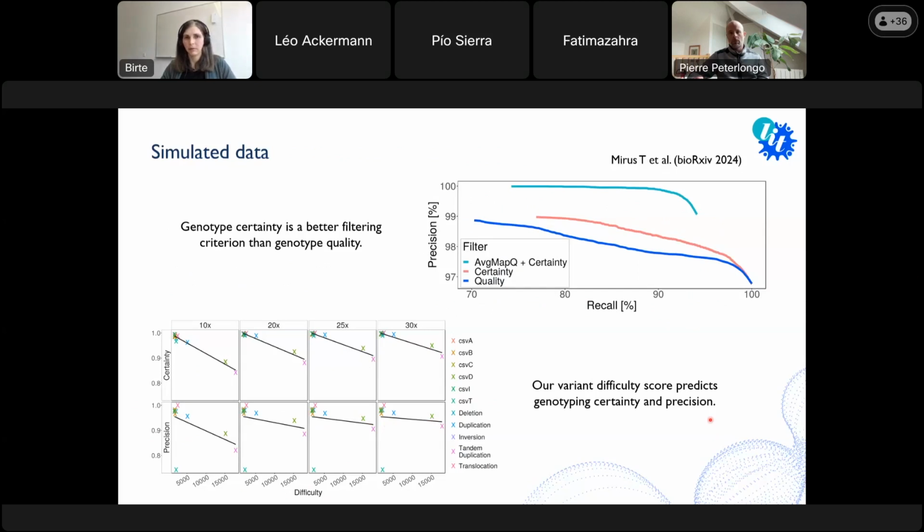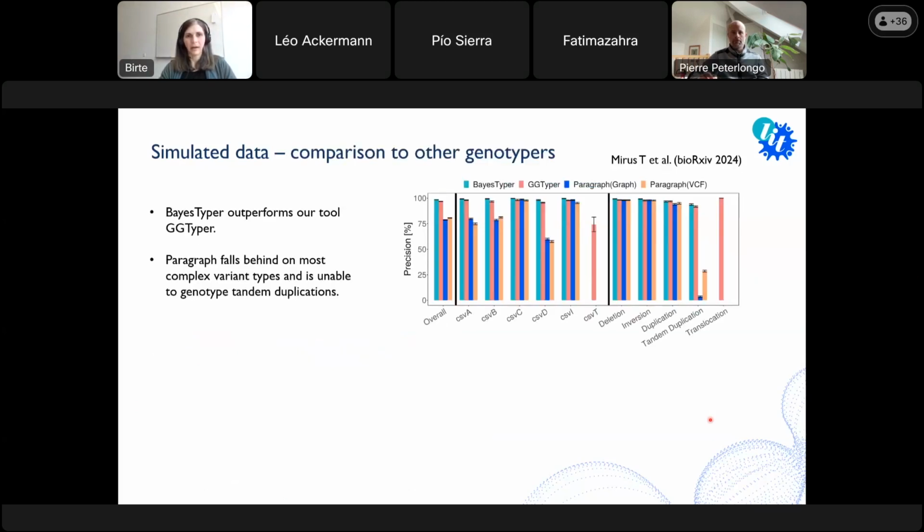So we think this genotype difficulty is something that might be useful, and it's only possible because of the way we designed our method. So this is something we actually kind of like here about the approach.